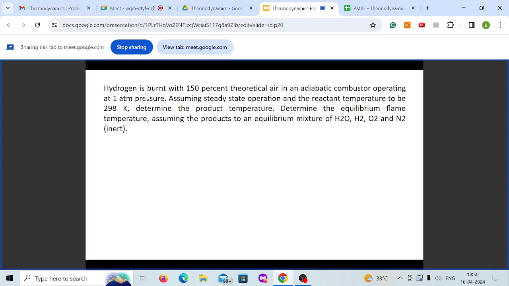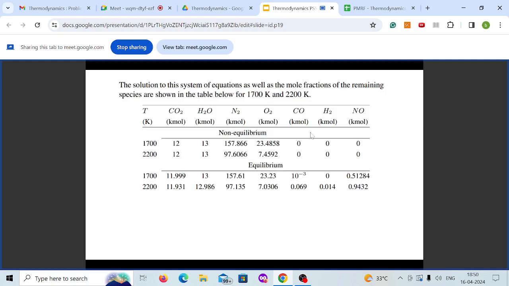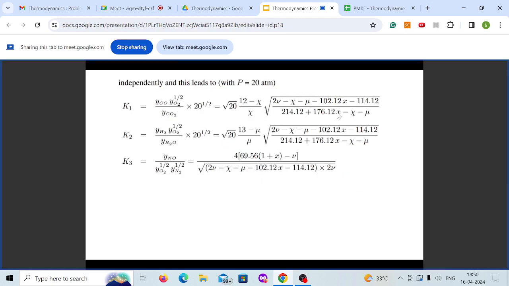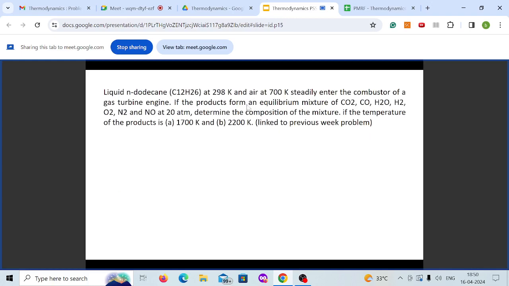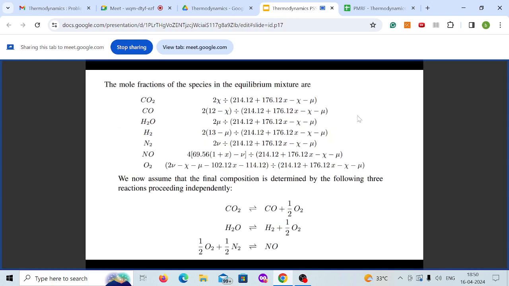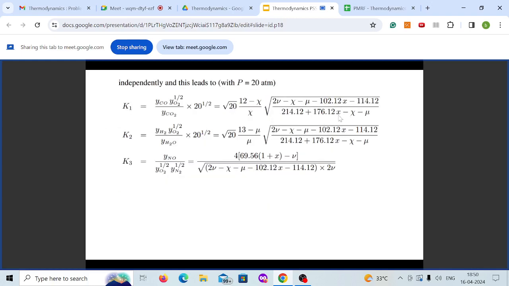So the next question is: hydrogen is burnt with 150% theoretical air in an adiabatic combustor operating at 1 atmosphere pressure. One more thing, if you have the x value, which is the theoretical value, you have to use the same value from the previous week's problem. So you can substitute that x value here.